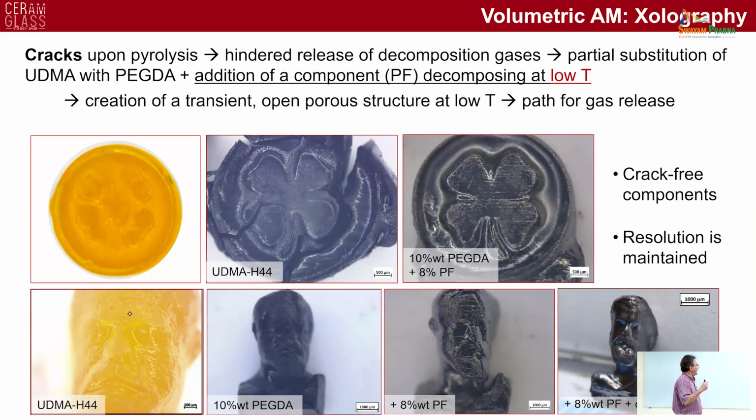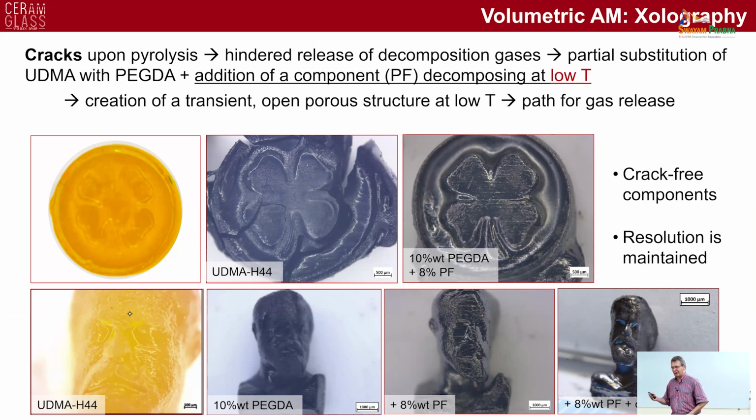So in this case, for these materials, we have a high content of photopolymer. At the beginning, we had issues in terms of converting the printed part into a ceramic part. We had issues with gas evolution and cracking.